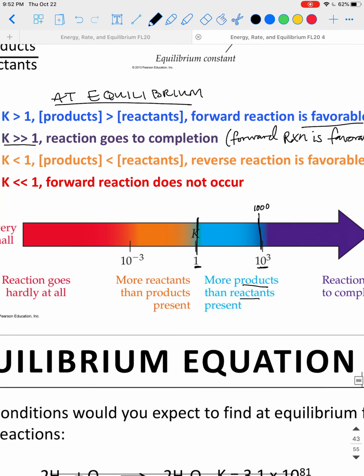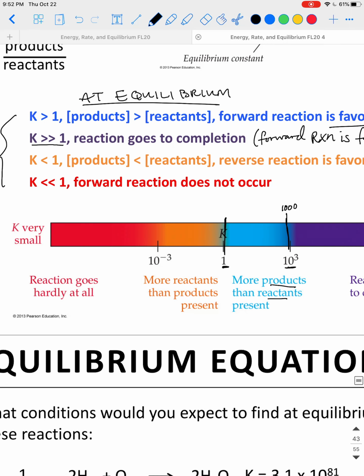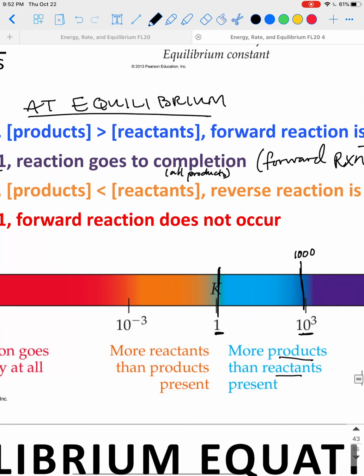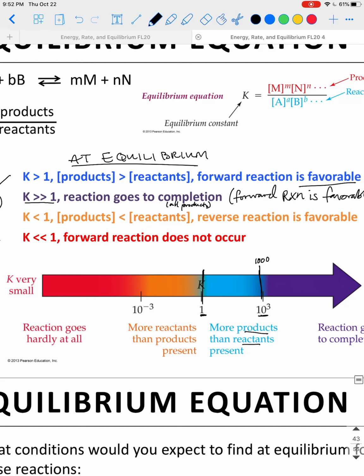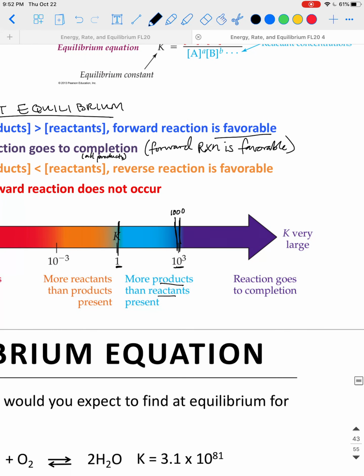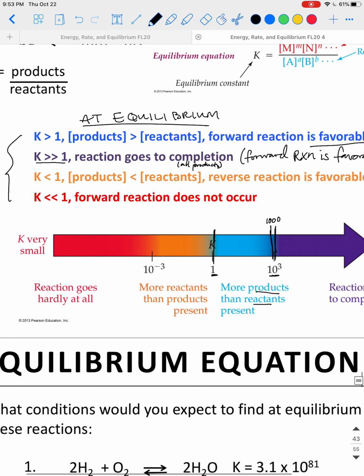Go to completion means you're essentially going to have all products. I can write that. Essentially, you're going to have all products. Very little reactants, mostly all products. That corresponds to this purple portion of the arrow. If K is a very, very large number, greater than 1,000, the reaction simply goes to completion.